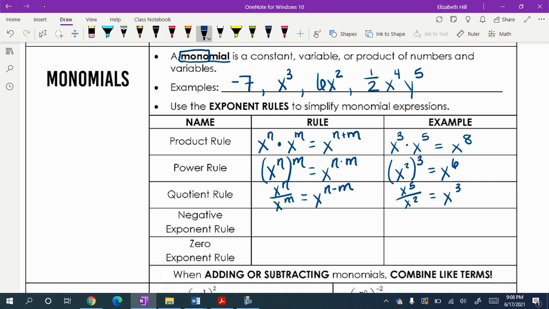As we start moving on and look at some different properties, the only way that a number or a variable cancels in the numerator and denominator is if it is a product. Here, since you're multiplying them all together, those are going to cancel, giving us x to the 3rd.